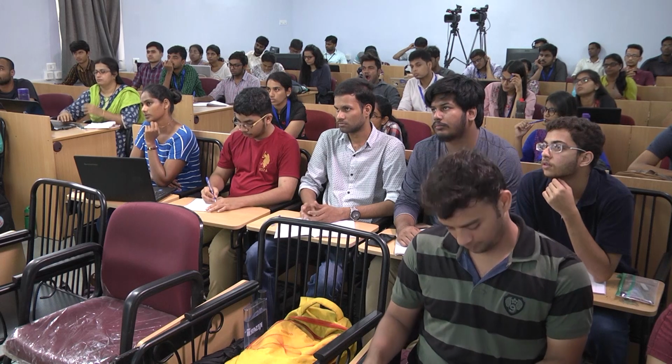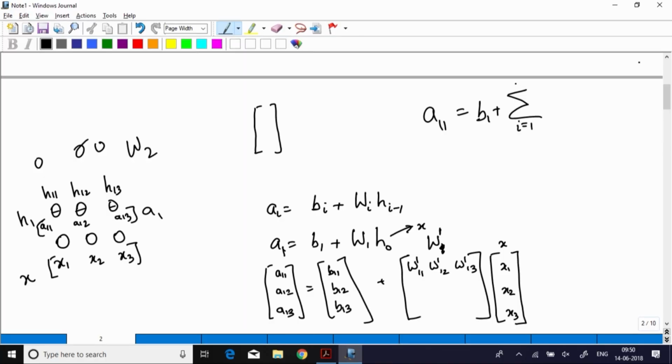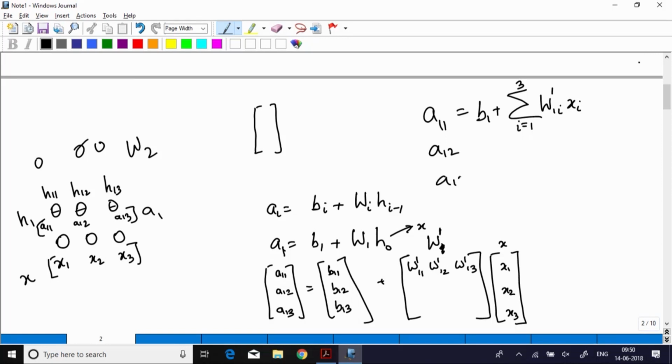If I write it as the following, will you be fine with it? Right? And similarly, you can write the formula for A12, A13, which is going to be similar. We'll have B2 plus the appropriate sum.